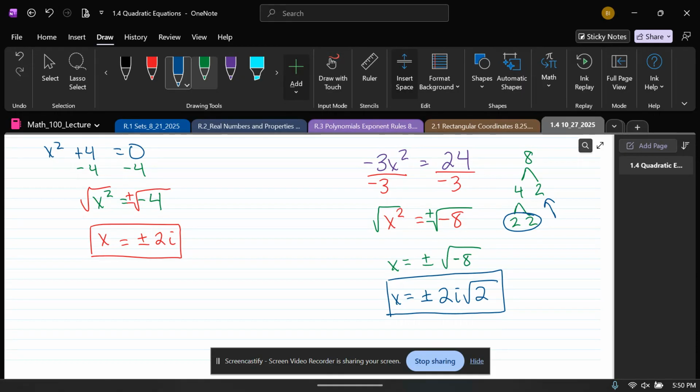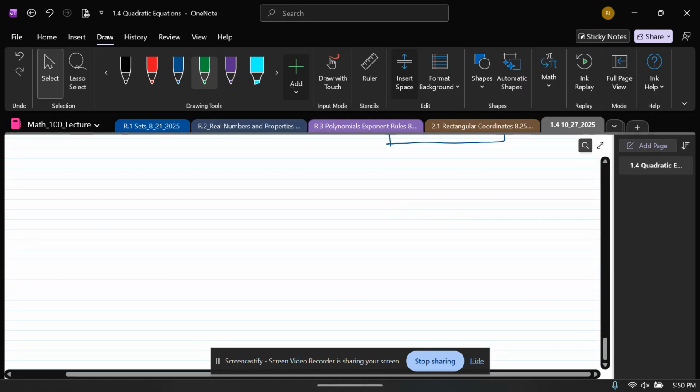Sometimes factoring works. The nice thing about the quadratic formula is that it always works. It's one of those universal tools that will work in every problem as long as you plug things in the correct way. So let's get into the quadratic formula, which is the last part of section 1.4.